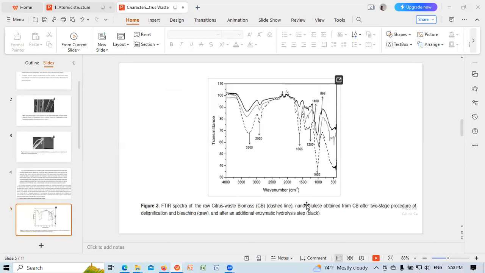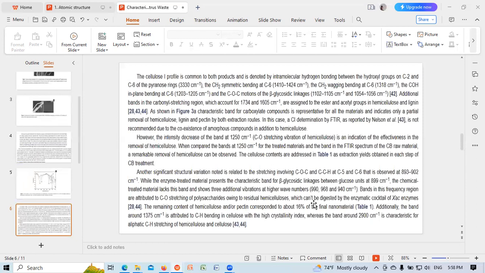This is the FTIR after treatment of the raw citrus waste biomass. The cellulose profile is common to both products and denotes the intramolecular hydrogen bonding between the hydroxyl groups on C2 and C6 of the pyranose ring, at 3330 per cm, and CH2 symmetric bending at C6 at 1410 to 1424 per cm.